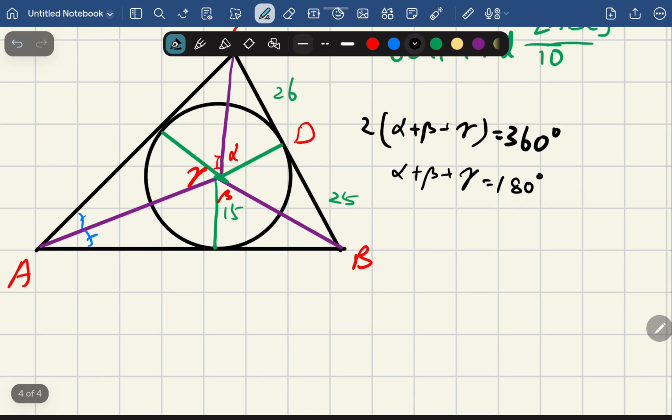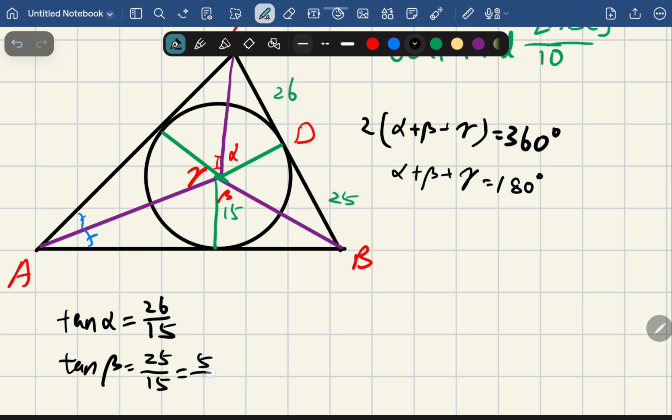Now, we also have our lengths, so we can take tangent alpha is 26 over 15. Tangent beta is 25 over 15, which is 5/3.